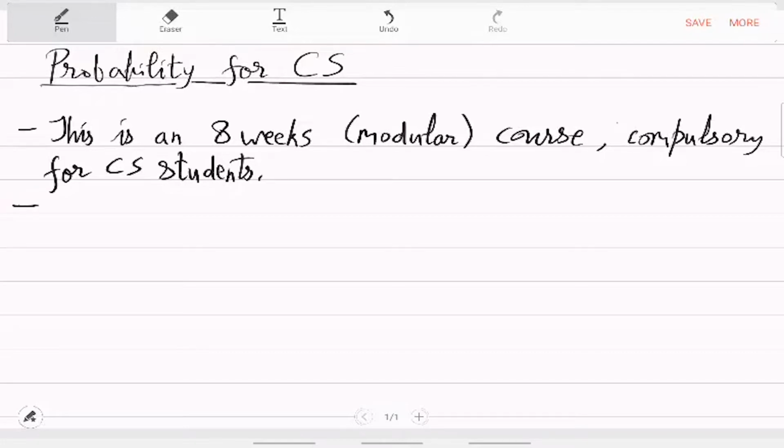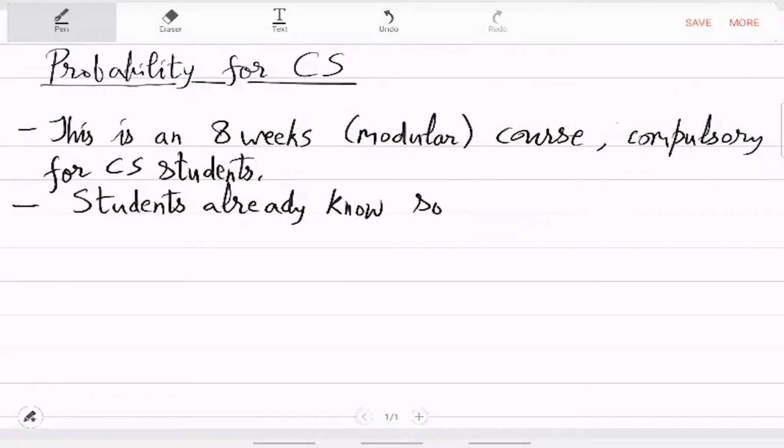Students, especially our students who have given JEE, have already learned probability and how to apply it in fairly complex problems. So, you already know some of the concepts. So, why do you do this course again?